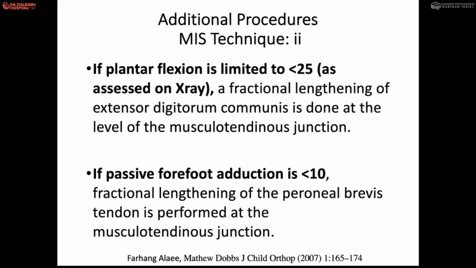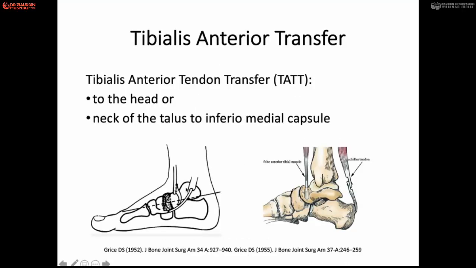So it means you need a transfer of the anterior tibial tendon, tibialis anterior, to the neck of the talus. Sometimes when you do the open reduction, you may not need to pass through the neck of the talus, but you attach the anteromedial capsule over the reduced talus, so that again it produces a lateral splintage to keep the head of the talus dorsally.